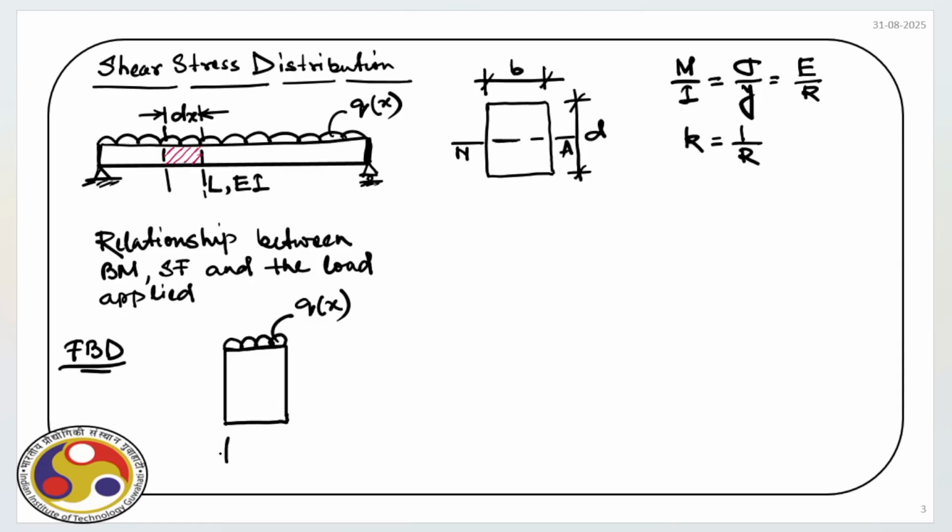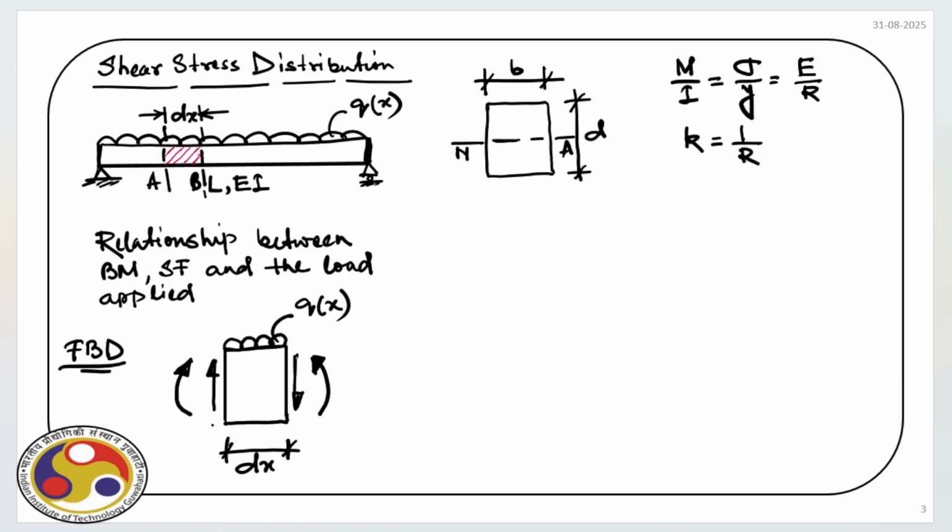So this distance is dx, and on the left hand side we will have some shear force, also on the right hand face, and we'll also have bending moment. Okay. So let us mark this section A and say this is B.